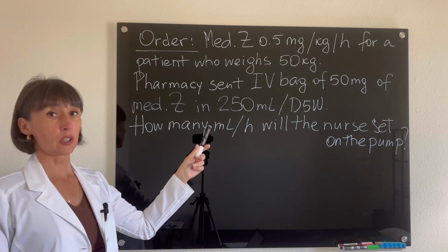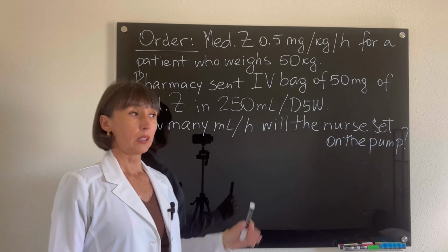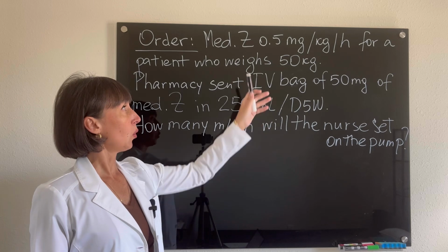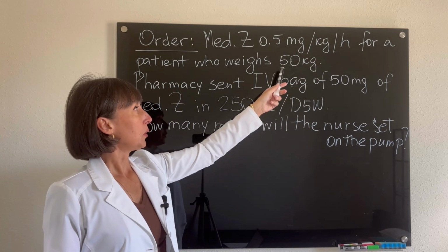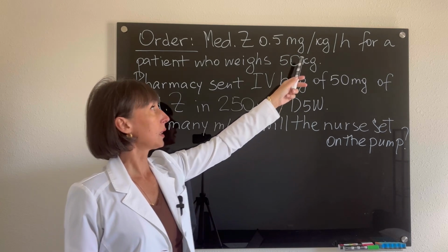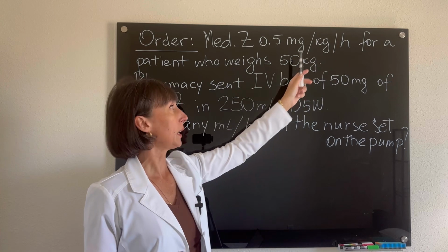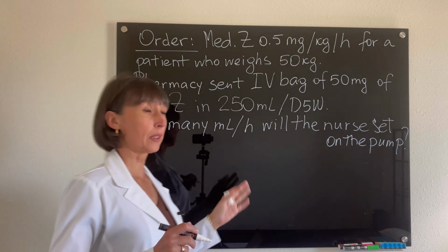So how many milliliters an hour do we need to set on the IV pump? This is a little more complicated because the order is given in so many milligrams per kilogram per hour. And we need to figure out how much that is for our patient who doesn't weigh 1 kilogram, who weighs 50 kilograms. So using the DKP method, we can quickly figure it out.